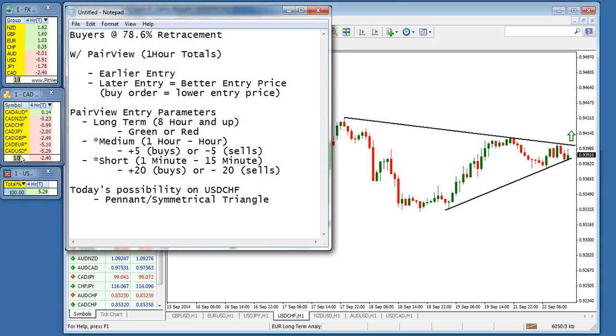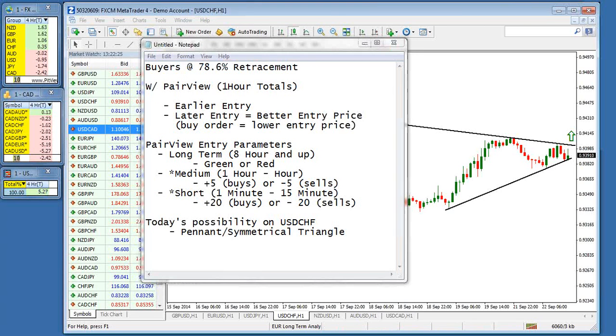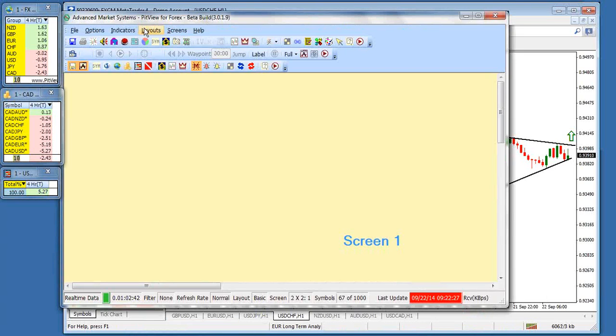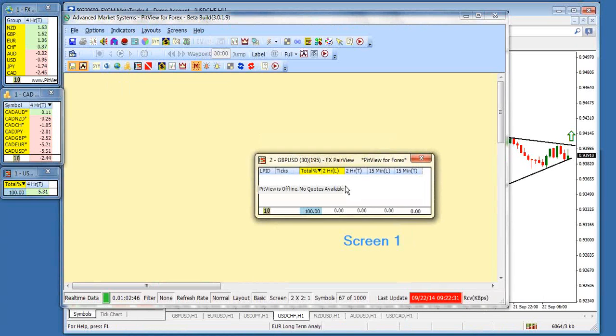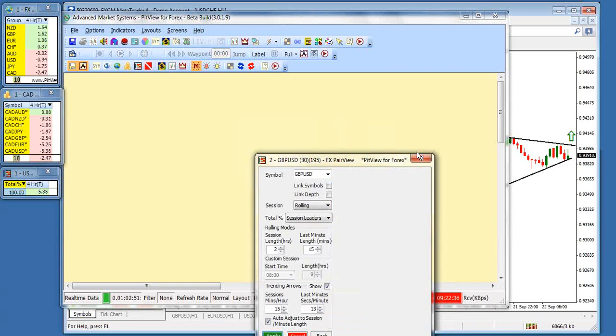Let me pull up dollar Swiss here on my 1 hour time frame. Since I'm looking at this separately, a lot of times I'll just go straight to pair view. So let me pull up another pair view window, and I just need to change the time frames. Let me change that to a 1 hour.